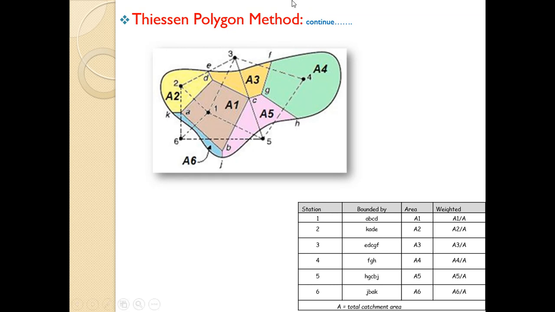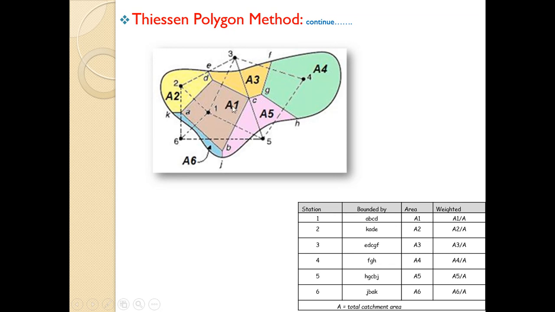Then P bar is calculated. How is P bar calculated? P bar equals the summation of PIAI, where PI is the precipitation of station number 1 and AI is the area bounded by station number 1.